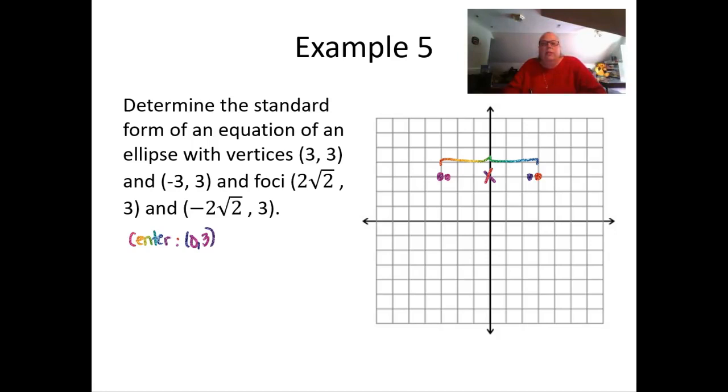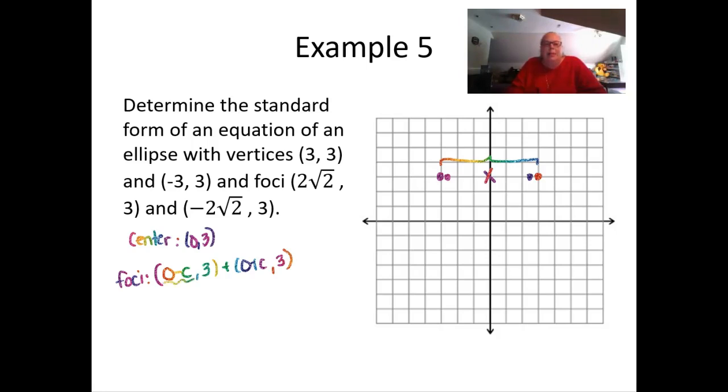Now, since I know that the center is at 0 and positive 3, and I know the foci are at 0 minus c, and in this case it'll be 3, and 0 plus c, and in this case it's going to be 3.